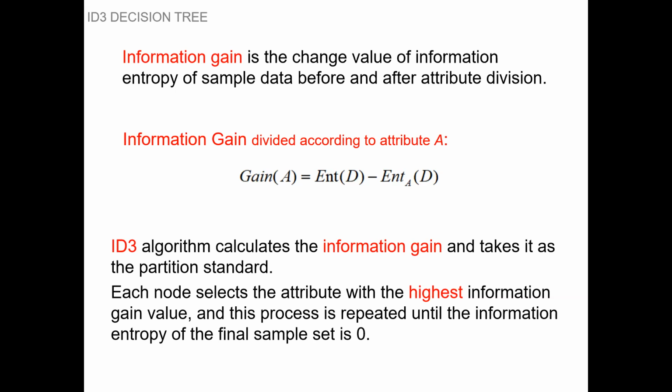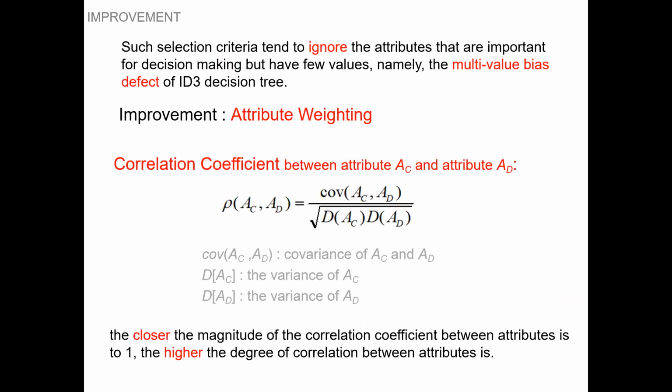ID3 algorithm is simple and feasible, and the process is intuitive and clear, and it can train the classification model well for most discrete data. In the ID3 algorithm, each node selects the attribute with the largest information gain value as the split attribute.